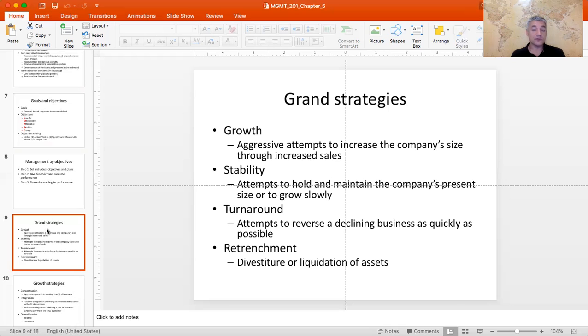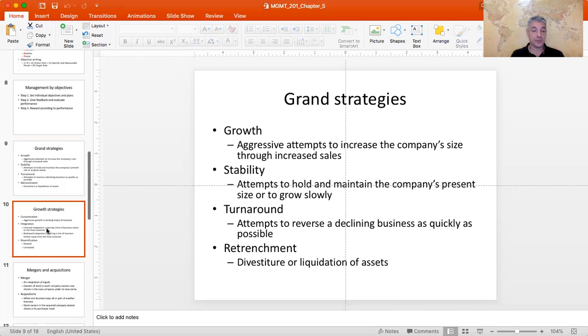So if you can find a strategic buyer for a specific class of assets or specific resources that destroy value for your shareholders, that's definitely great. So this retrenchment strategy is something that you should consider in very specific economic circumstances.